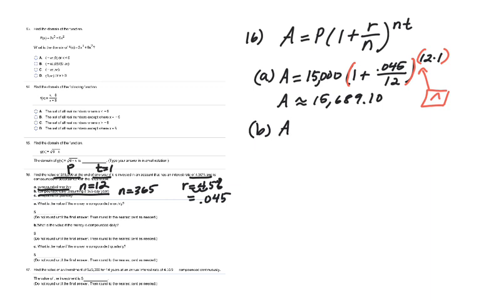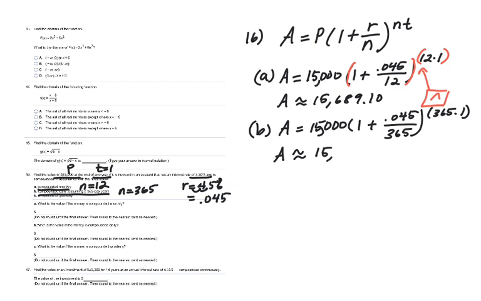Our future value, or our accumulated value, A, is equal to 15,000 times 1 plus 0.045 divided by N, which will be 365, raised to the 365 times 1. So here A is approximately $15,690.37.